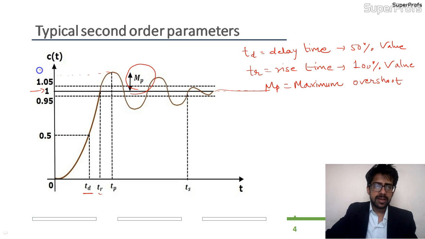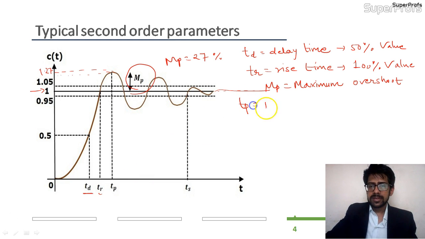Let us say this is 1.27, then MP value is 27%. Now TP is known as peak time. Peak time is nothing but the time required by the system output to reach its first peak. So peak time will be when the system output attains the value MP.